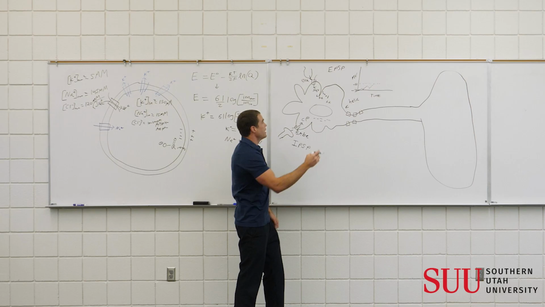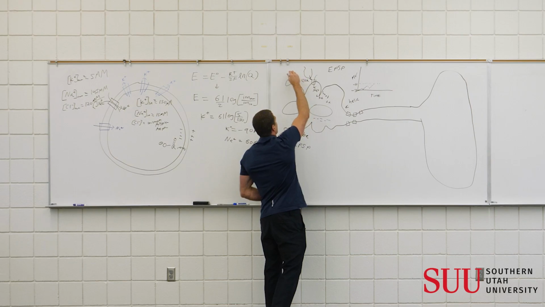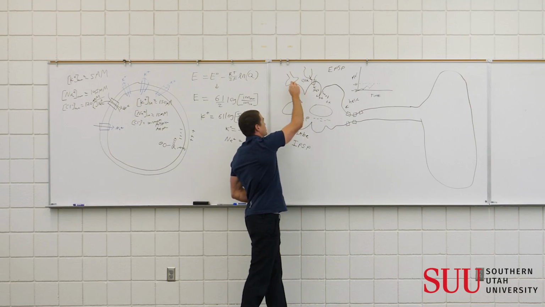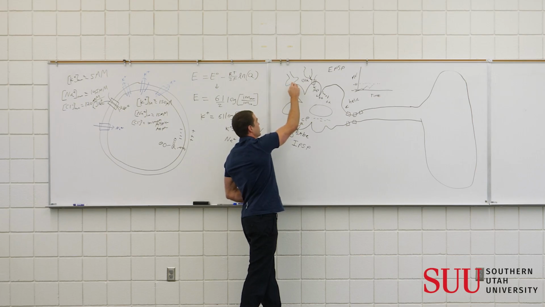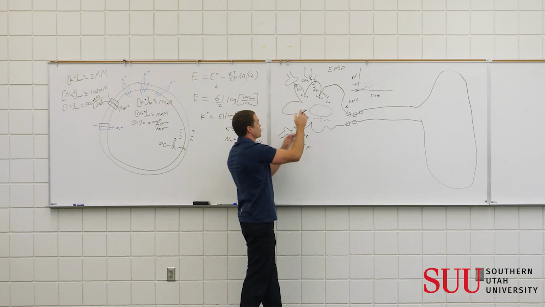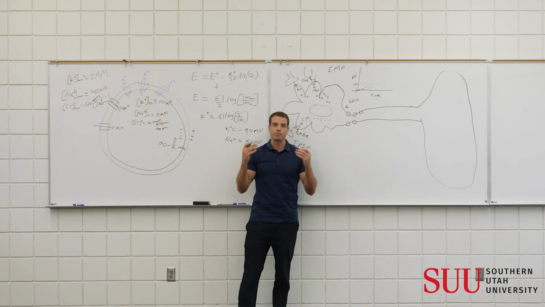Another way you could do it is you could have another neuron over here, and it's also releasing another stimulatory amino acid, or glutamate, I guess in this case, right? And it's causing the sodium influx to occur, and here's the positive charges, so you have multiple neurons that are doing this, and this will be called spatial summation, all right?